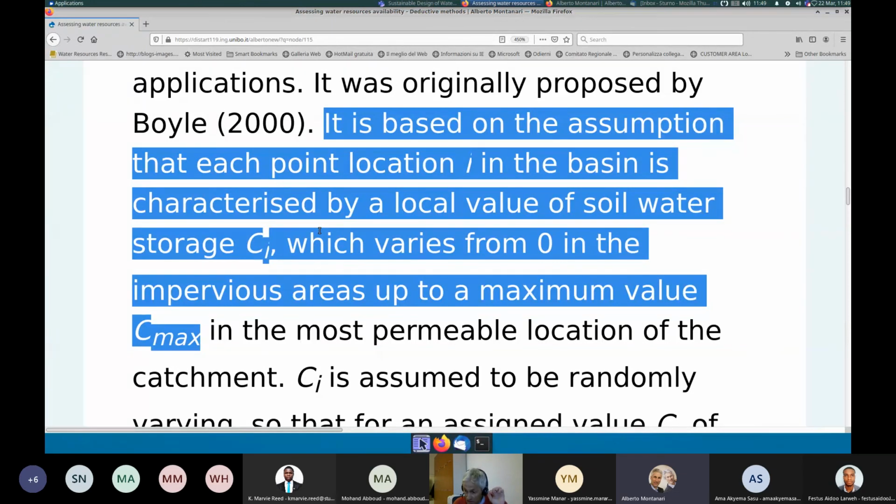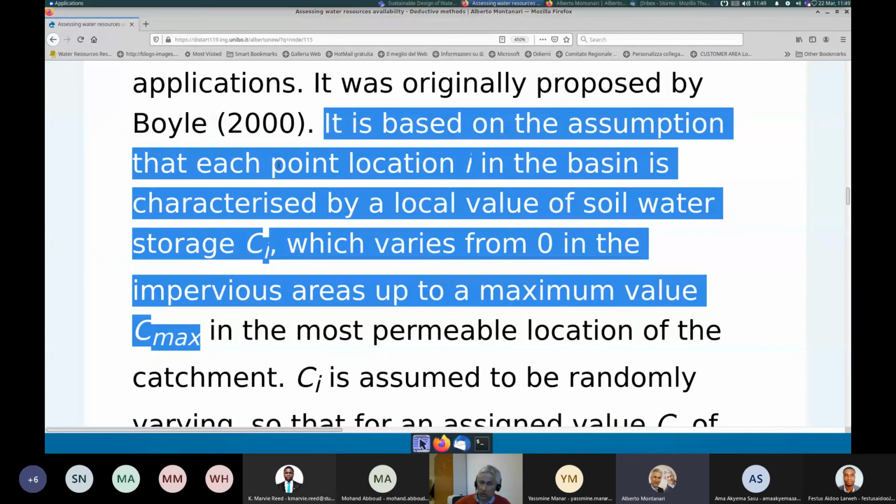As soon as it starts raining, you see some water from the roof falling into the vertical pipes that bring the water into the sewer system, because storage is 0. But in a catchment, there are locations where, if it starts raining, you don't see any water in the river, because the water is retained in the soil. Retained, but up to the soil storage capacity.